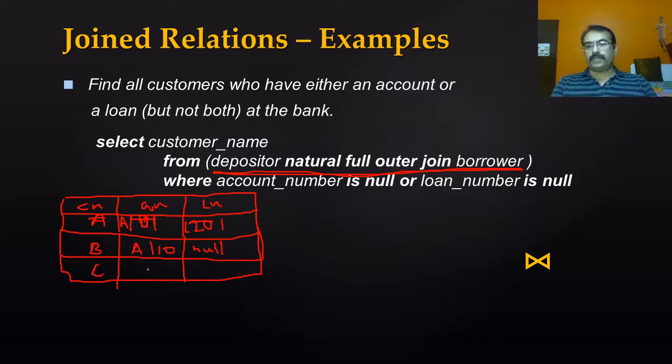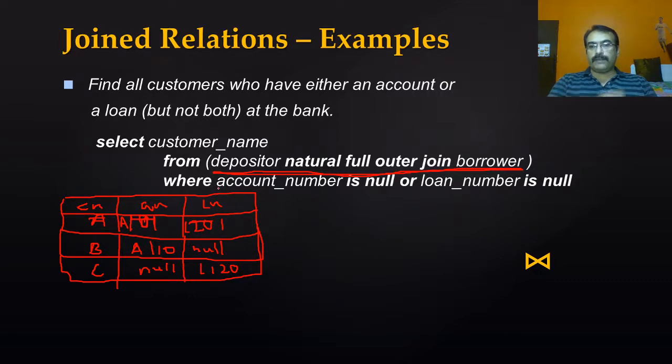We have a person who doesn't have an account but has a loan. This is also possible. This is the right outer. So when depositor and borrower are joined naturally, the common attribute will be customer name, and with full outer join, leftovers from depositor and leftovers of borrower will also be produced in the output. This will be the kind of scenario we are going to get.